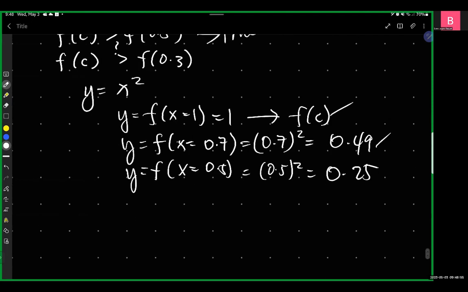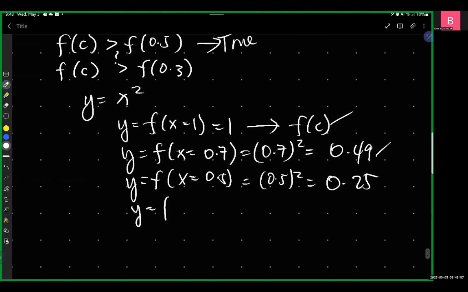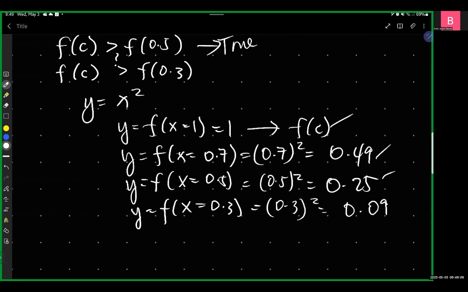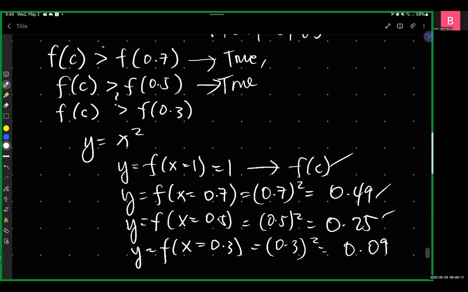So now, for the last part, let's consider f of x at 0.3. Then 0.3 squared equals what? 0.09. Very good. So, is f of c greater than f of 0.3? Yes, again, so this is true.